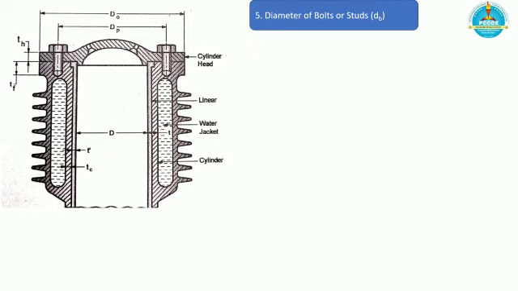Next step is to calculate the diameter of the bolt or studs. Here you can see that the force which is generated because of the gas pressure, that is pi d square by 4 into P max, is equated with the force because of the stresses induced on the cylinder head, and it is given by area into number of bolts into the stress. Usually the top head bolts undergo tensile stress because of expansion.